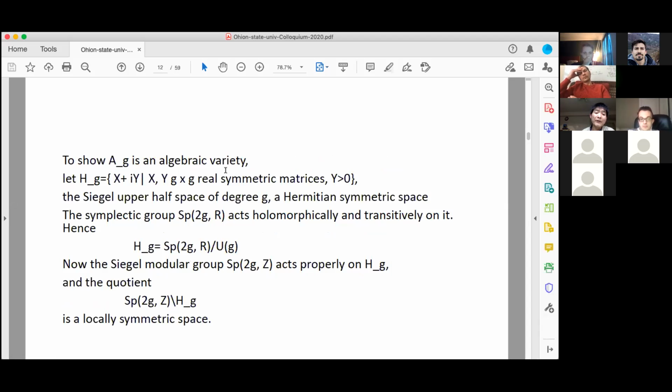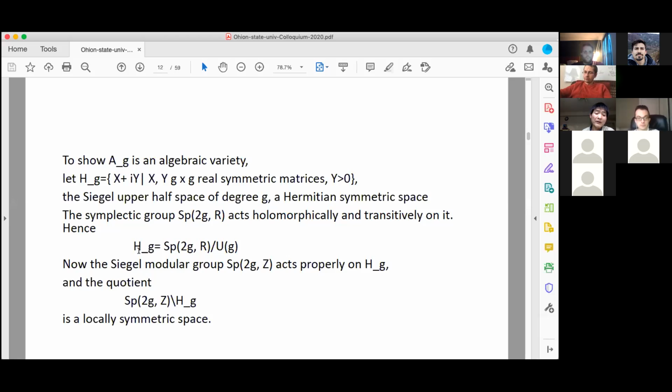Let me explain how A_g was proved to be an algebraic variety. I'll start with the Siegel upper half space: X plus iY, where both X and Y are g by g real symmetric matrices and Y is positive. This is the Siegel half space of degree g. This is a Hermitian symmetric space. The symplectic group acts holomorphically and transitively on this.